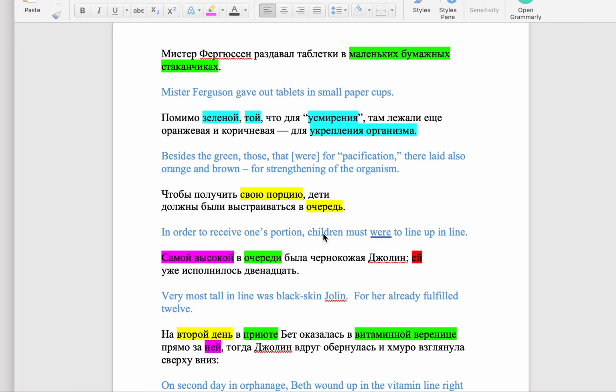So, in terms of the meaning here, you don't have to repeat the word tabletki. You can basically just say, besides the green ones, for example, which is implied. And then also interesting is this last word, organism.